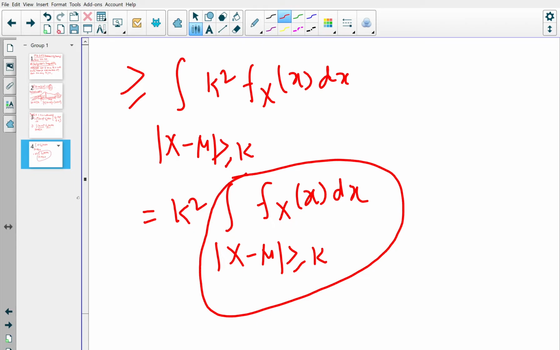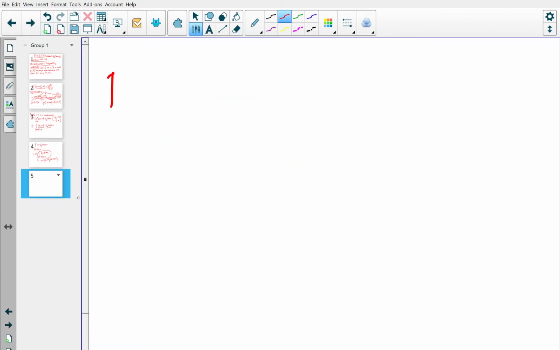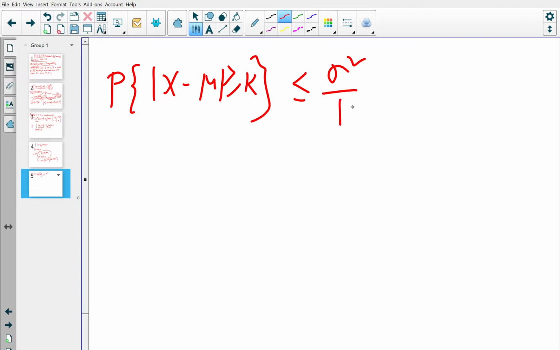This integral is nothing but the probability that mod of x minus mu is greater than or equal to k. This is this probability, by definition. And hence finally you get the result. So the result is what? The probability that mod of x minus mu is greater than or equal to k is less than or equal to sigma square by k square, right?